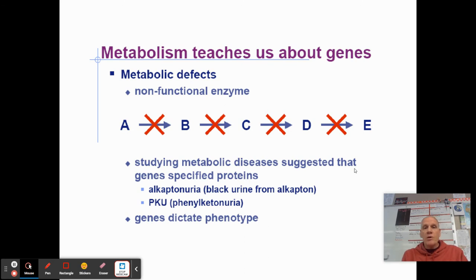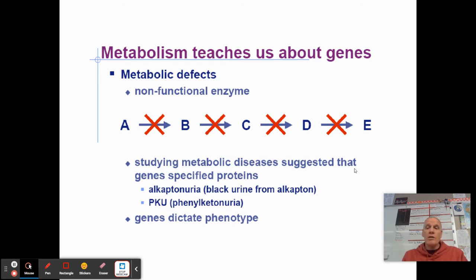Okay? So by studying metabolic diseases, such as alkaptonuria, which is a black urine disease, when kids can get this, it's a genetic disorder and it's diagnosed by a baby having very dark colored urine. Or PKU, phenylketonuria, which is a metabolic defect where we cannot break down phenylalanine.